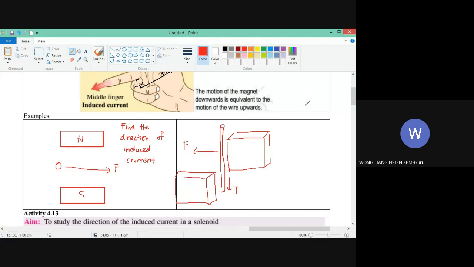So find out the polarity of the magnet. Find the pole of the magnet.